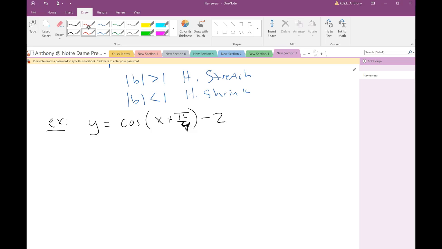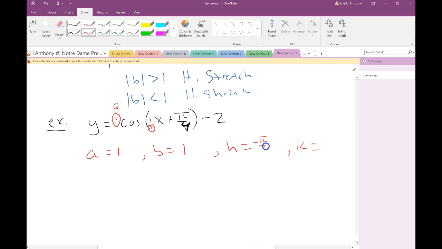We start by identifying A, B, H, K. So the A value is 1. The B value is just 1. Oops, I should probably write it that way. Okay, there.